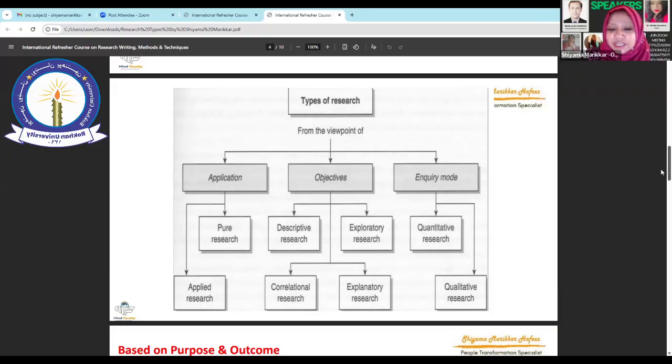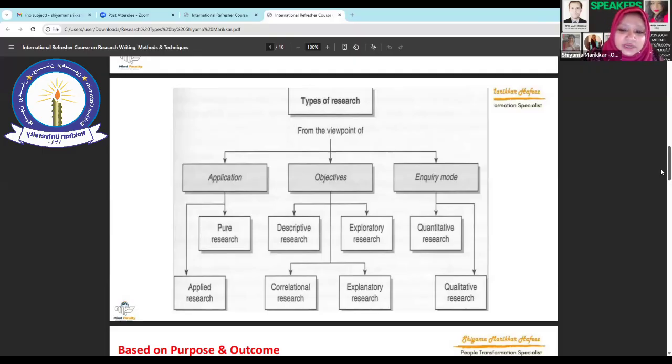So each and everything I will give an explanation and example in the following slides. And the next one is inquiry mode. It's based on how you do these things, like quantitative and qualitative we say. Which method, is it involved with descriptive things?